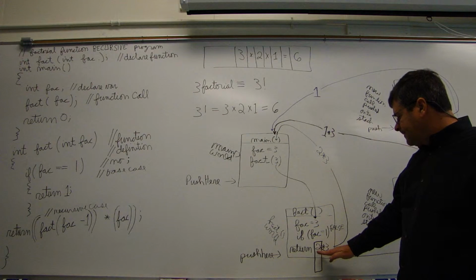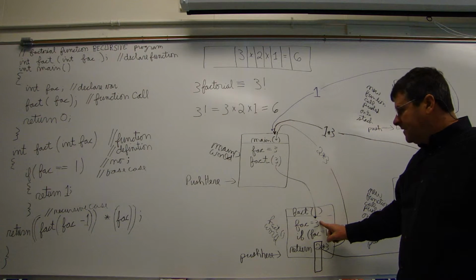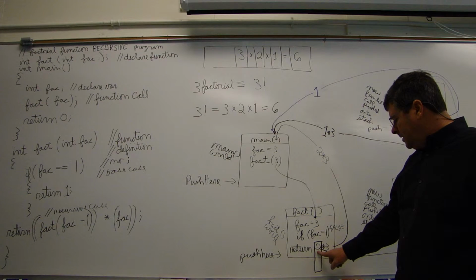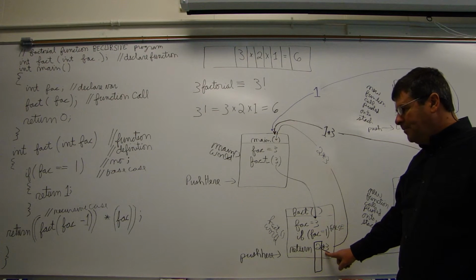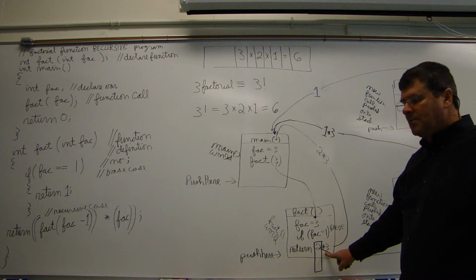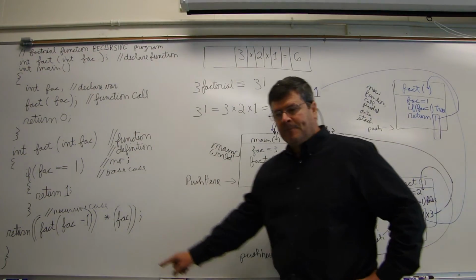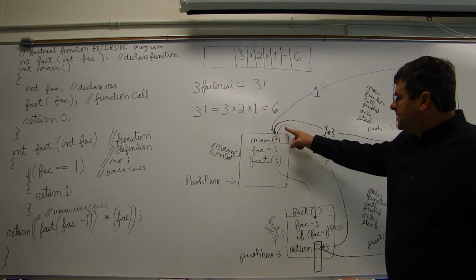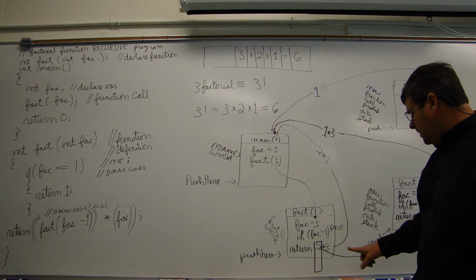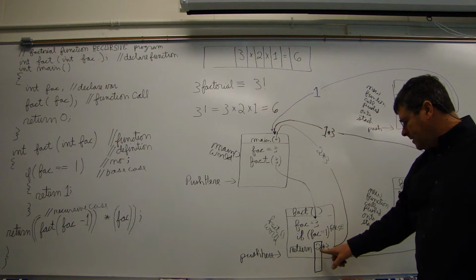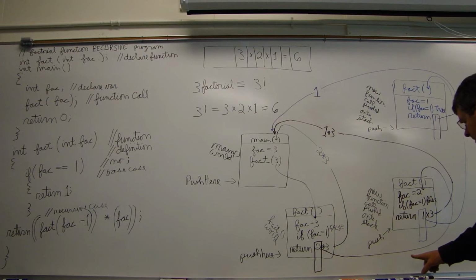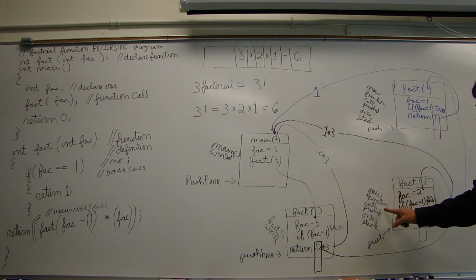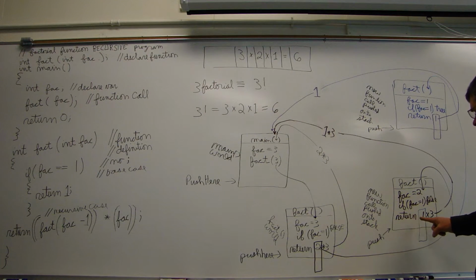The value of the fac is reduced by 1, and it is multiplied by the original 3. That's this here. And so 2 times 3 is returned to the main. Also, the 2 here, part of the 2 times 3, is passed over to this new function call pushed onto the stack.